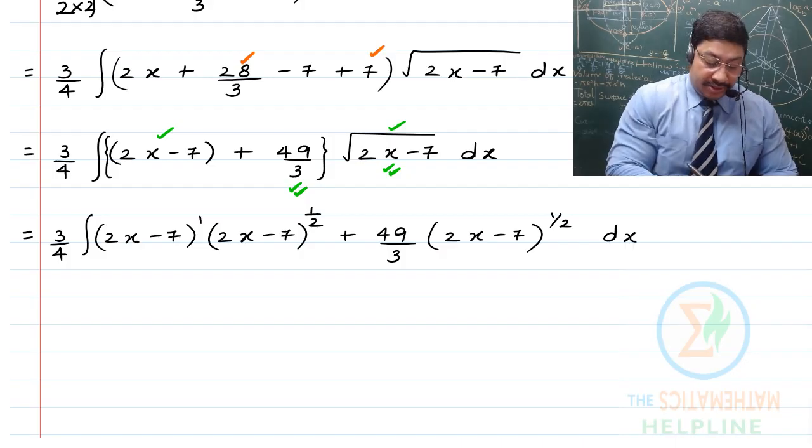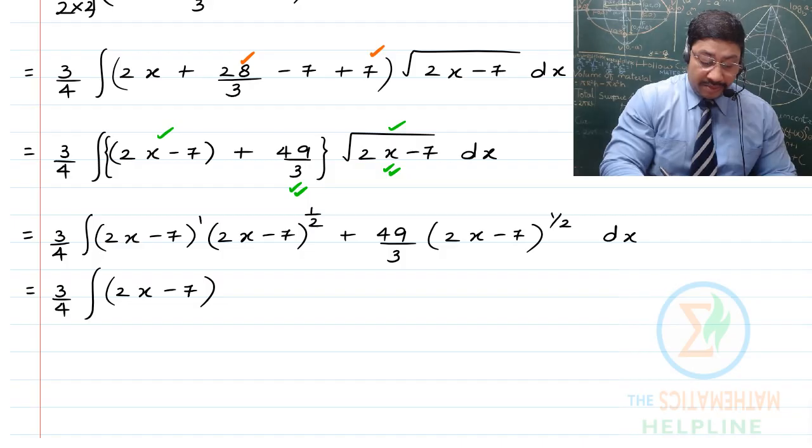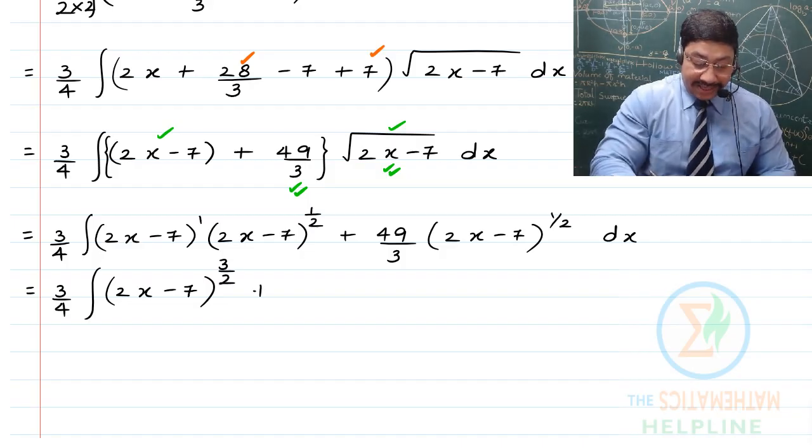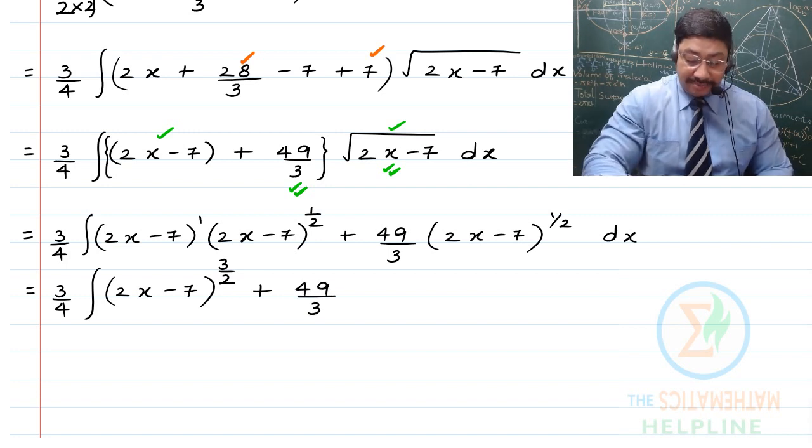Okay, so here thus we now have 3 upon 4 times the integral of 2x minus 7, which is raised to the power 1 plus 1 upon 2, that is 3 upon 2, and then to that is added 49, which is divided by 3 multiplied by 2x minus 7, which is whole raised to the power 1 upon 2 dx.